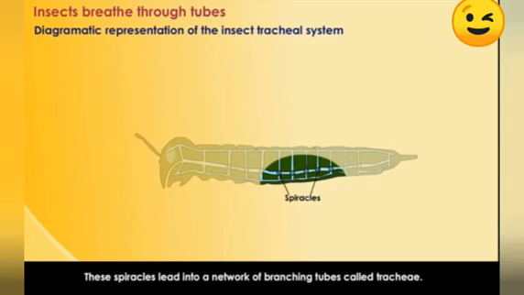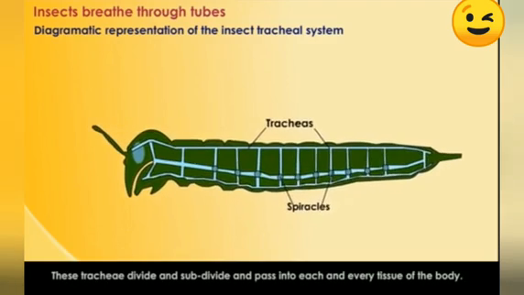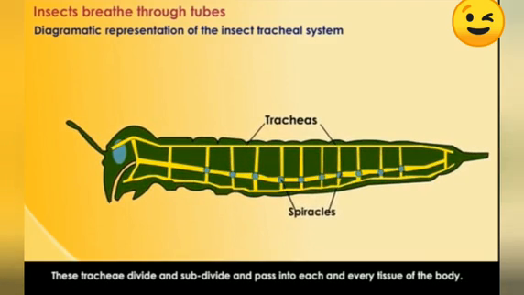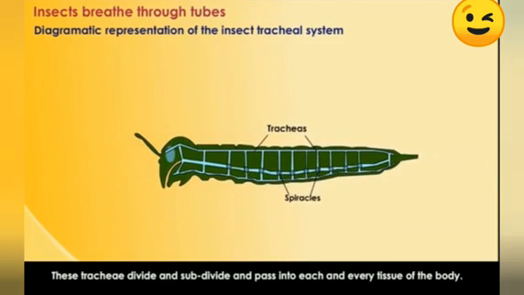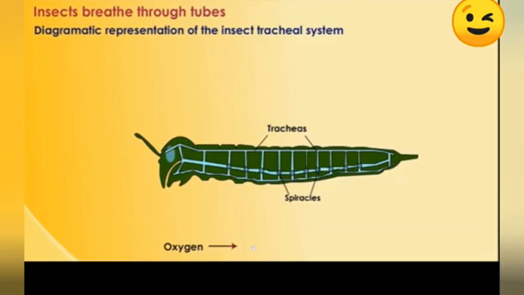These spiracles lead into a network of branching tubes called trachea. These trachea divide and subdivide and pass into each and every tissue of the body. Insects breathe in air through spiracles.